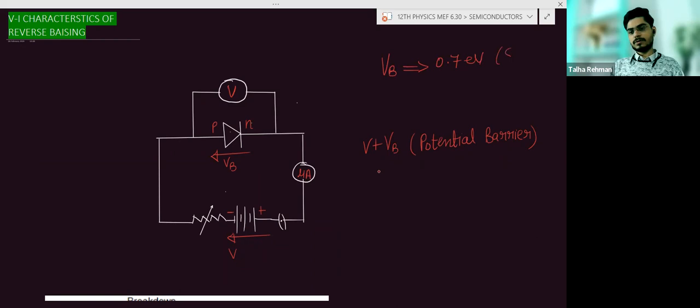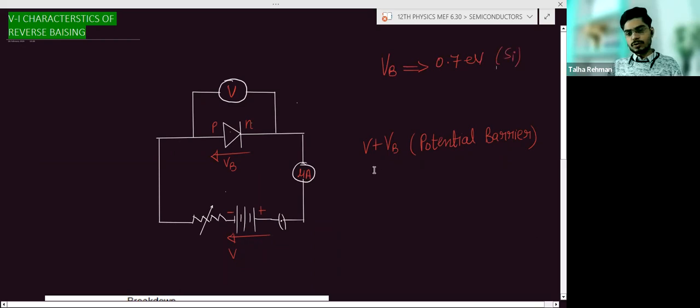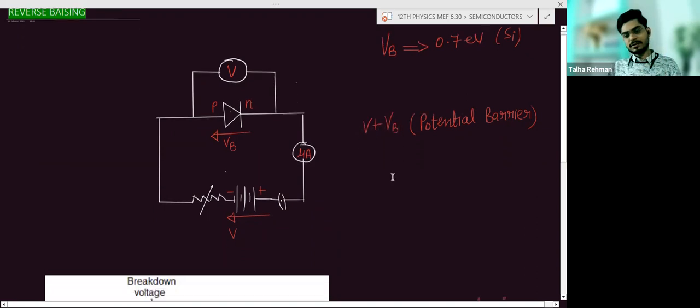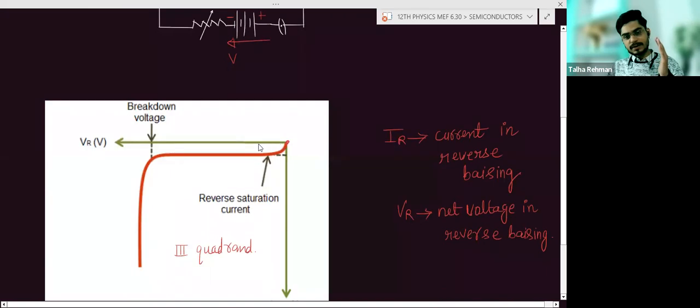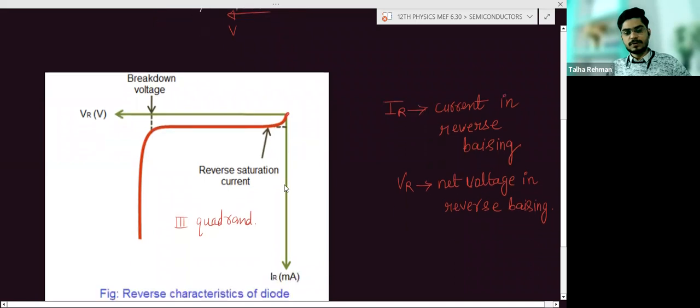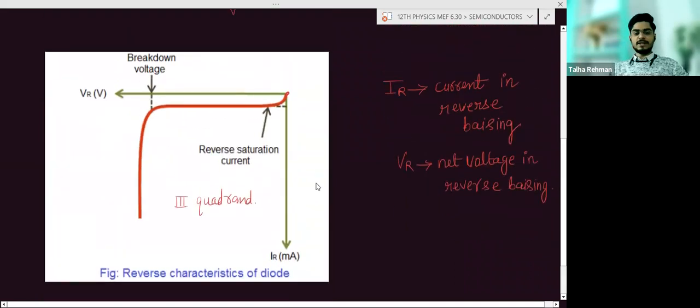To make this zero, you have to apply a negative voltage. The current will remain constant till the breakdown voltage, and when you reach the breakdown voltage, the current will suddenly increase.